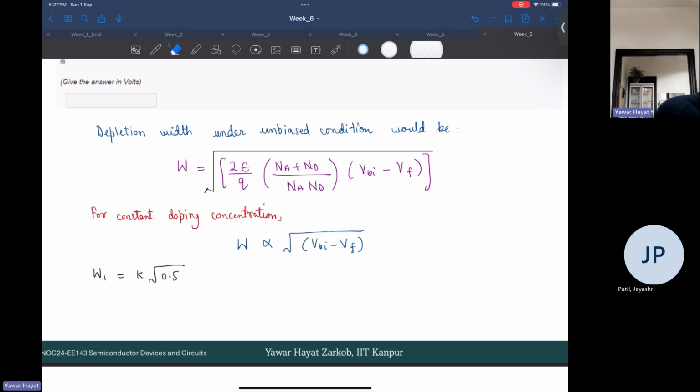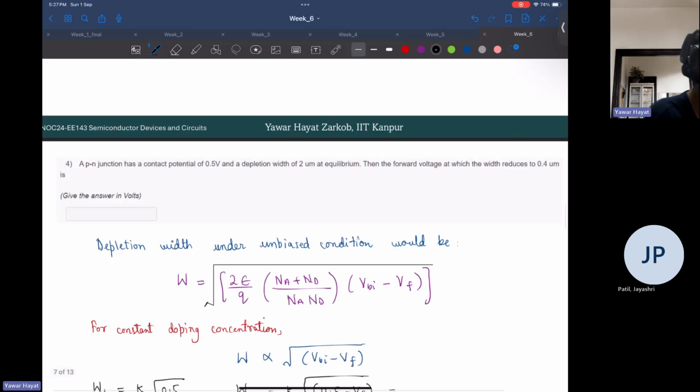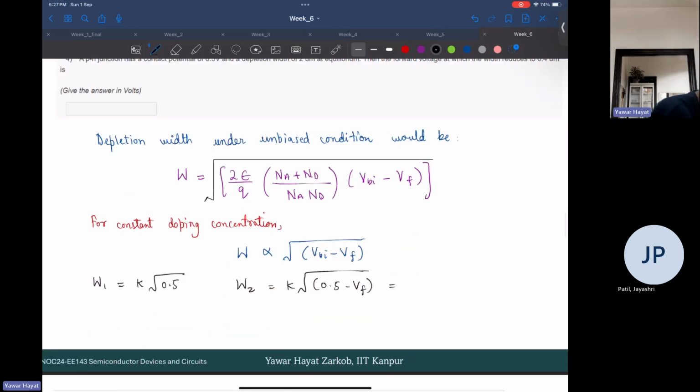Similarly, W2 is the case when some forward voltage is applied, which we need to compute, and corresponding to that I know the value of the depletion width. So W2 would be equal to K times square root of 0.5 minus VF, and that is equal to 0.4 micrometer, as given in the question.